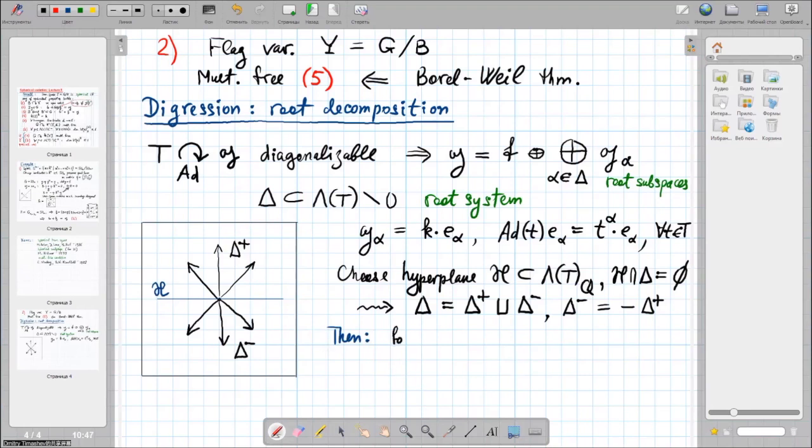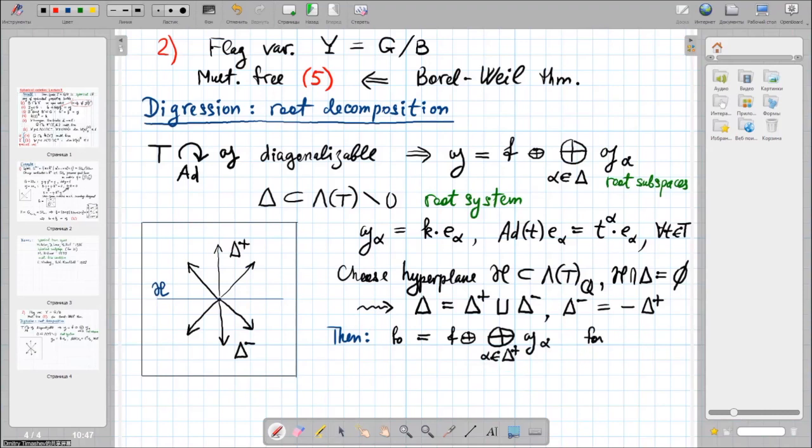The Lie algebra of the Borel subgroup B, containing T, equals the direct sum of the Cartan subalgebra, this Lie algebra of the torus, together with the sum of all root subspaces corresponding to this set delta plus, the set of positive roots, with respect to some hyperplane H as above, as before.